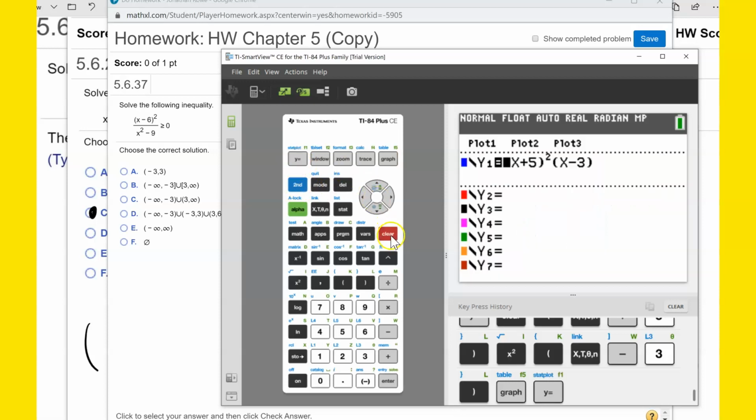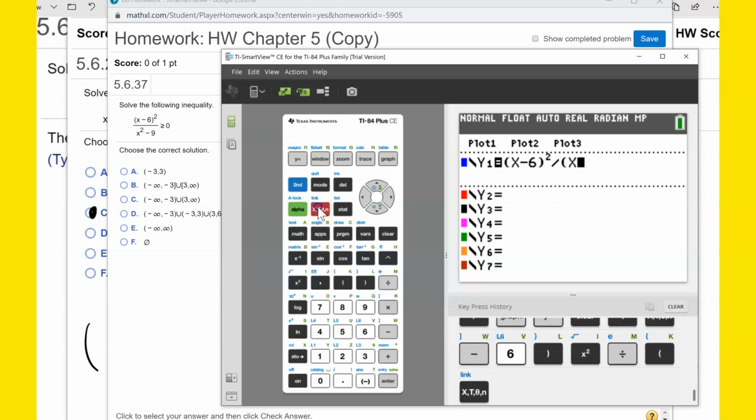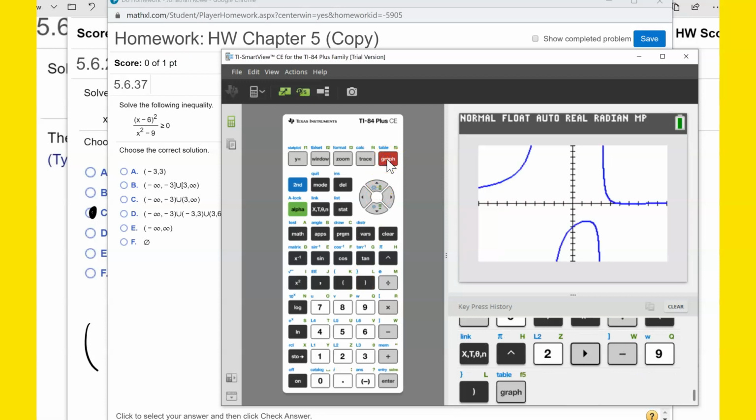So we've got (x minus 6) squared over, or you could say divided by, x squared minus 9. Let's graph it and take a look.